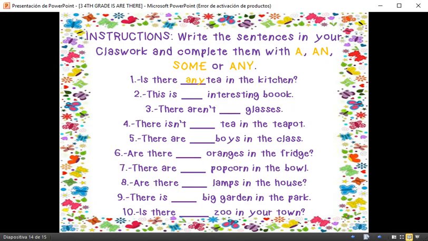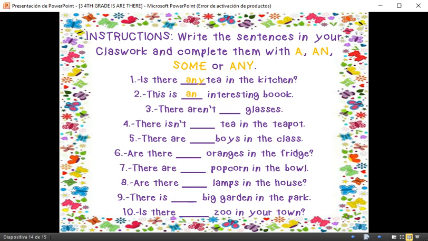Number 2, this is an interesting book. Well, remember book is only 2 O's, okay? This is an interesting book. We are using an because it's singular object.